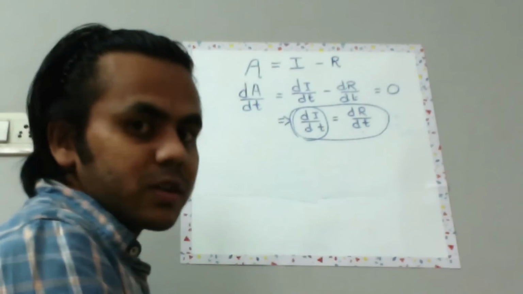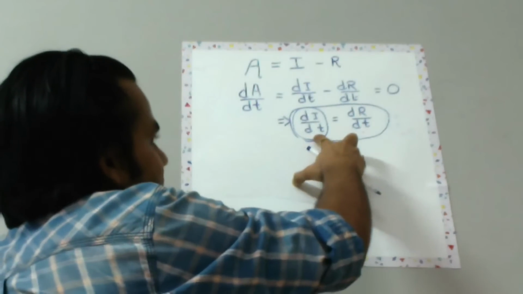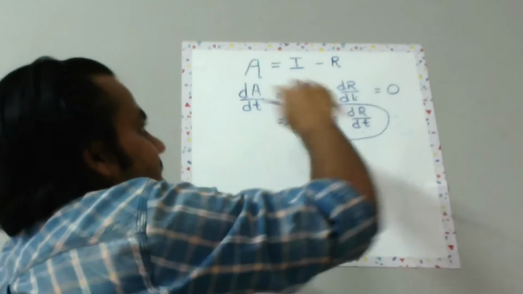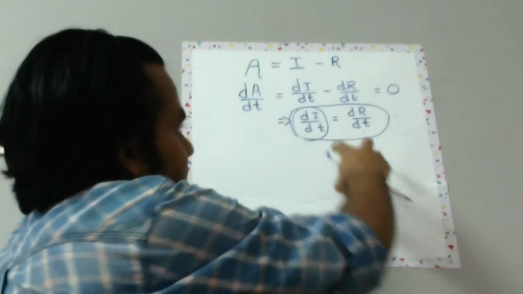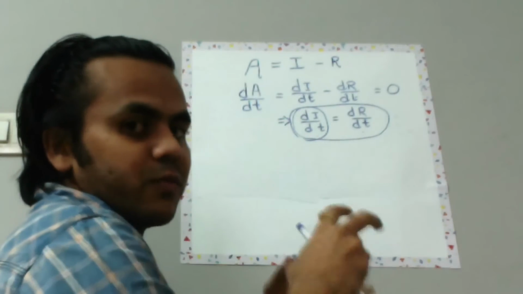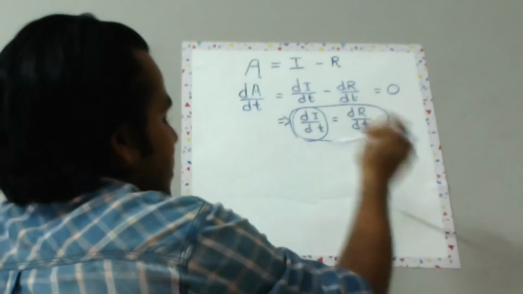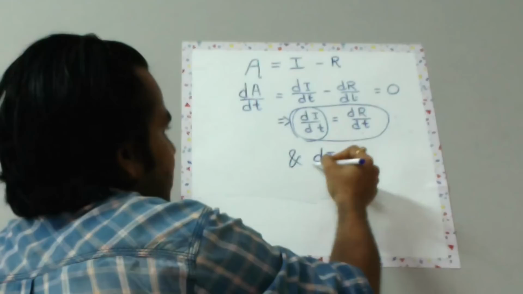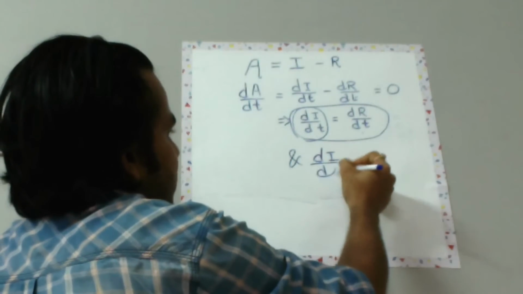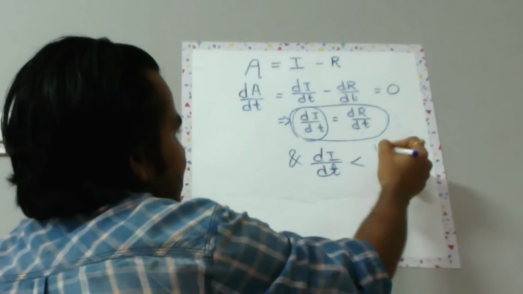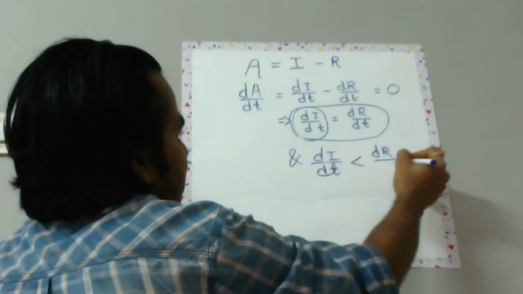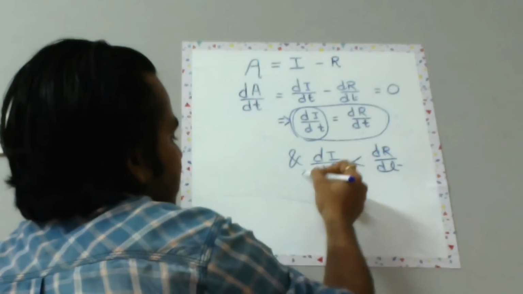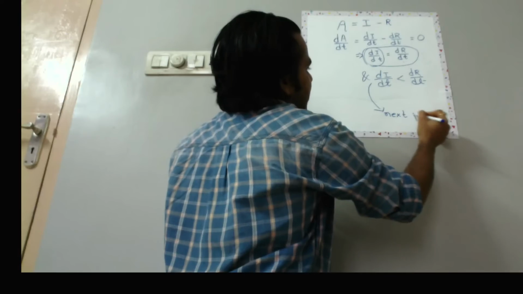So we want this thing to decrease after this stage. So we want first this and dI/dt should be less than dR/dt in the next period.